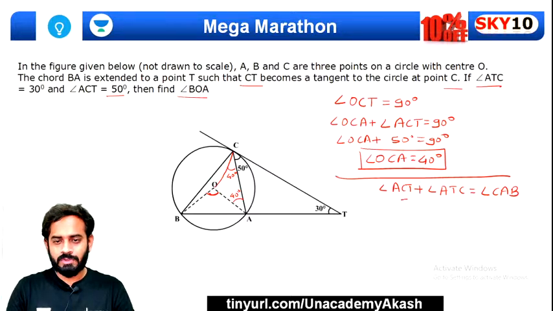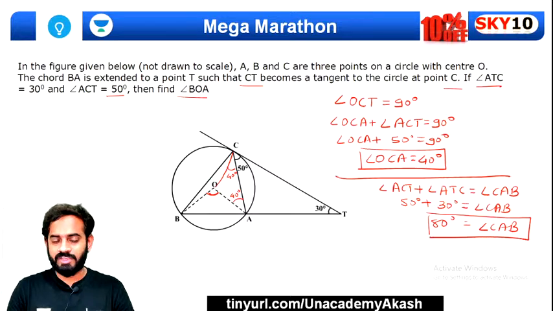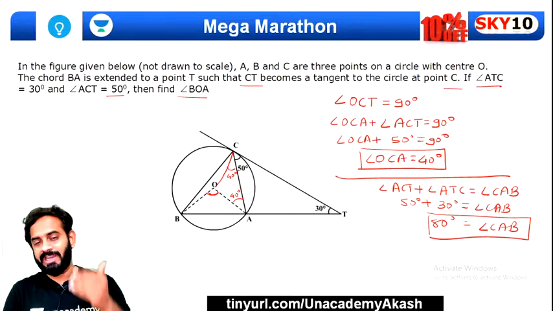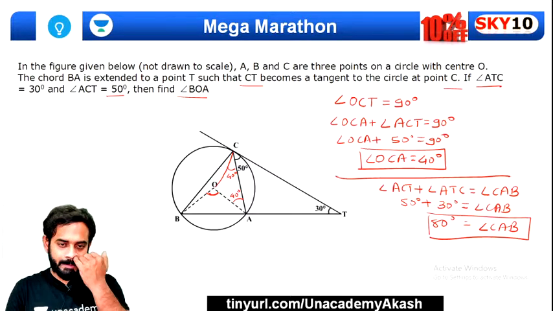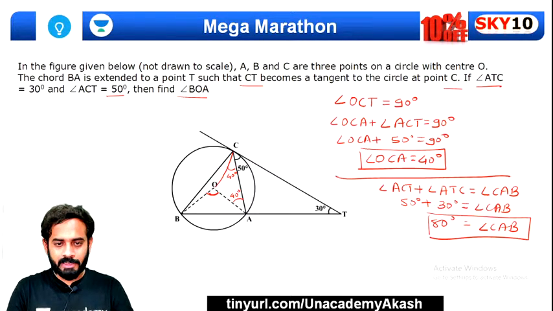So 50 degree plus 30 degree is equal to angle CAB, that is 80 degree. Why did this happen? Because the value of an exterior angle is always equal to the summation of two remote interior angles. So if angle CAB entire is 80 degree and this part is 40, then this remaining part will also be 40. And if this is 40, this angle will also be 40.